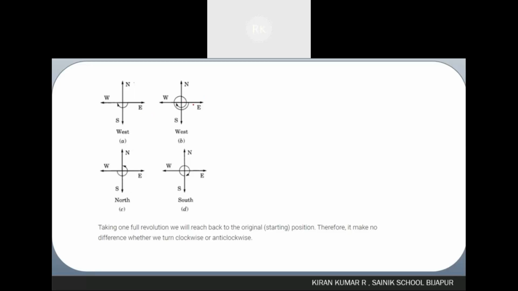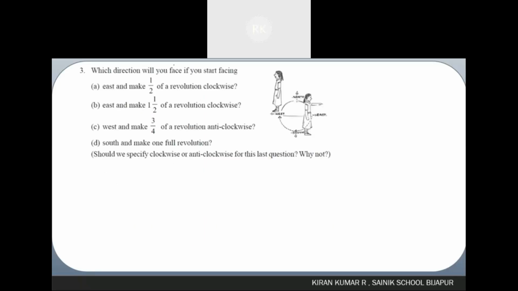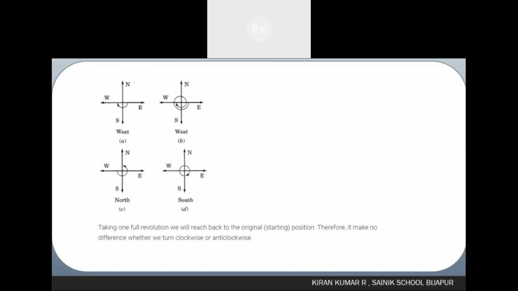Next, starting from east, one complete and half revolution, clockwise. One complete revolution plus half a revolution, it again comes at west.